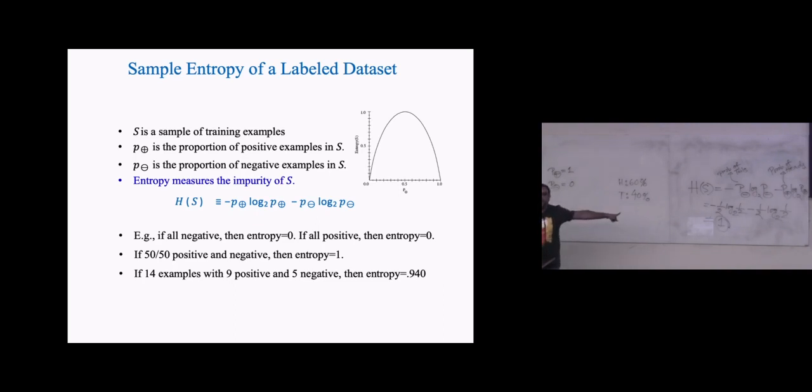It is less uncertain than the 50-50 case. You see the point? 60% means 3 by 5, and 2 by 5. That number will be less than 1.